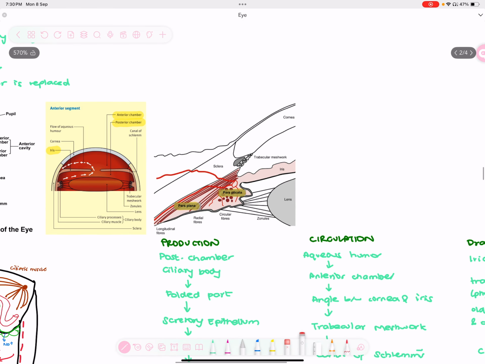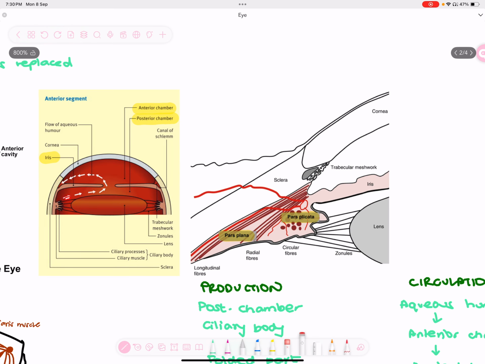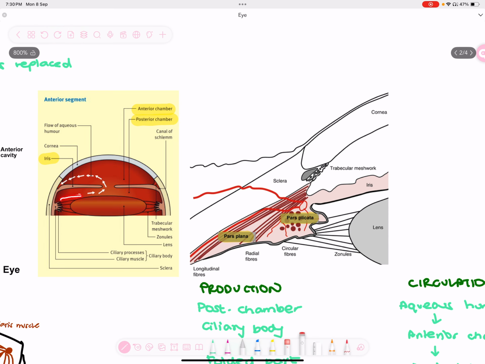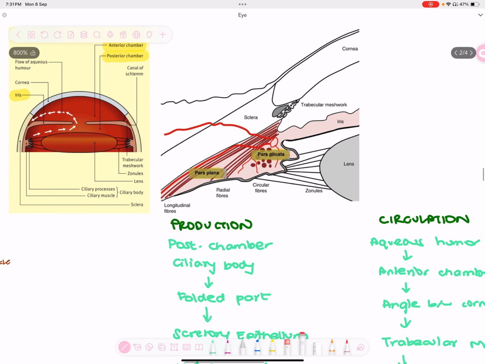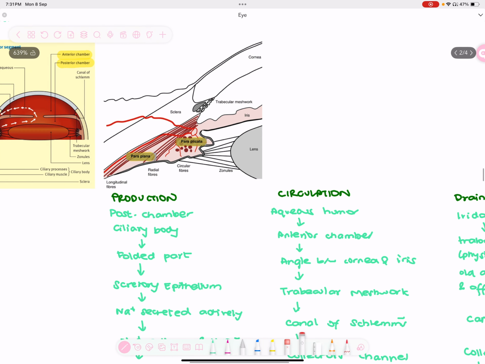So all of that aqueous humor, there's no blood in the eye, flows into this angle between the cornea and the iris. So that's called the iridocorneal angle. This is basically circulation from the posterior to anterior chamber. That's basically all you need to know about the circulation: it flows from posterior to anterior chamber, between the cornea and iris, the iridocorneal angle, right?